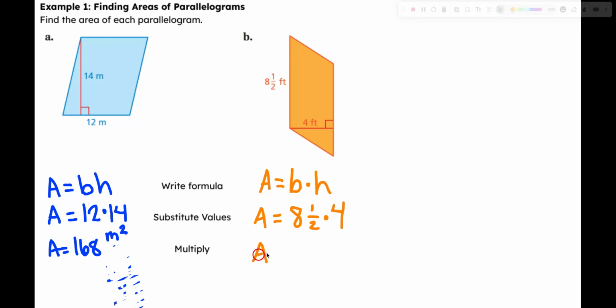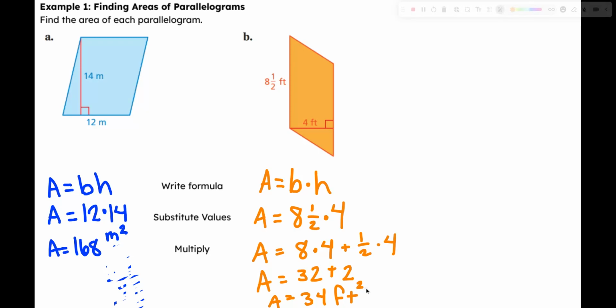To multiply, I'm going to do 8 times 4 plus 1/2 times 4. I'm using the distributive property, so I don't have to turn this into an improper fraction. So 8 times 4 is 32, plus 1/2 times 4 is 2. My area on this one is 34 feet squared.